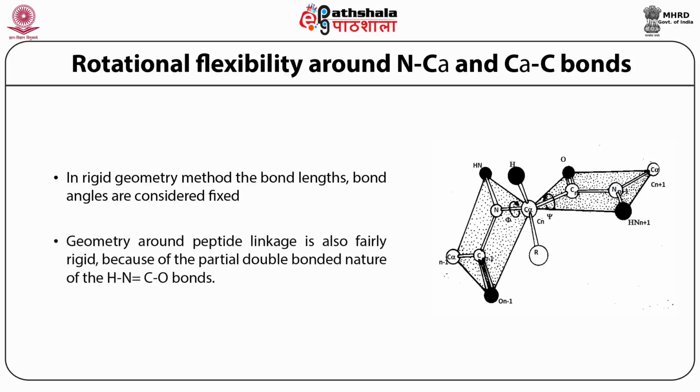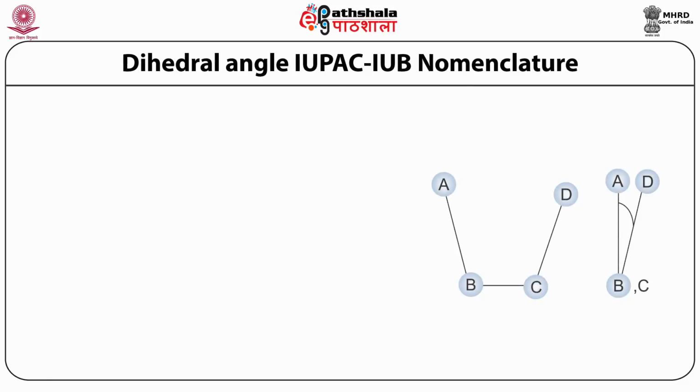Geometry around the peptide linkage is also rigid because of the partial double bonded nature of NH and CO bonds. There is a flexibility for rotation around N C alpha and C alpha C bonds.